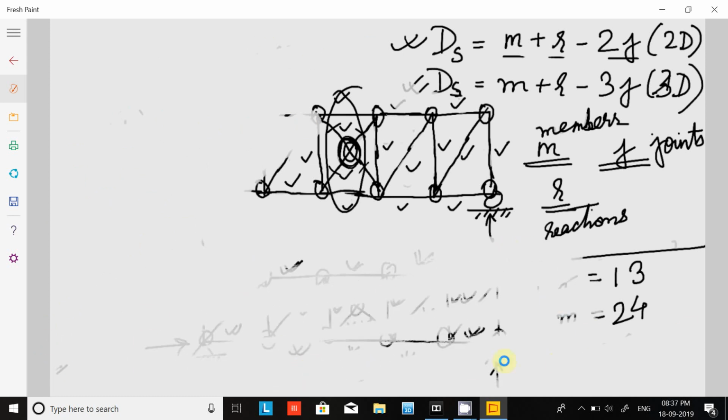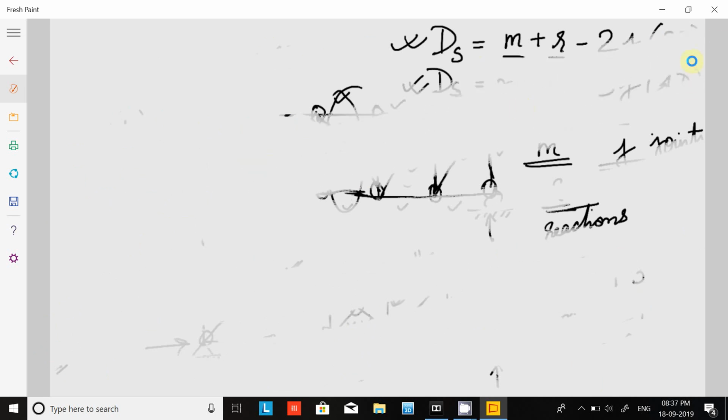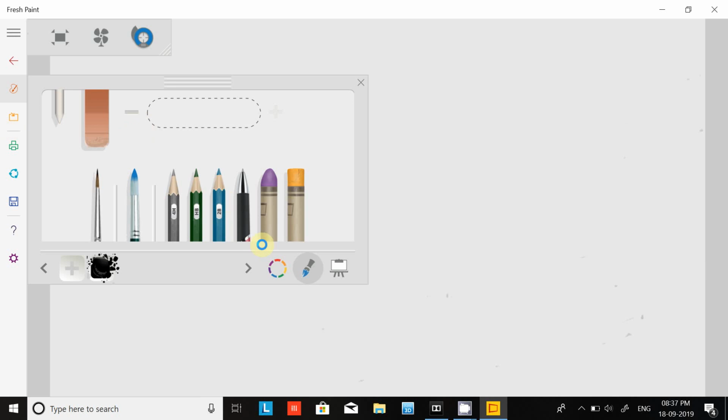I'll just write it down. You also please take note of that equation. Kinematic indeterminacy is also called as degree of freedom.